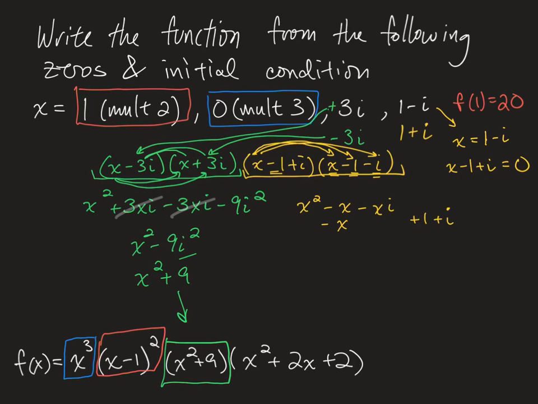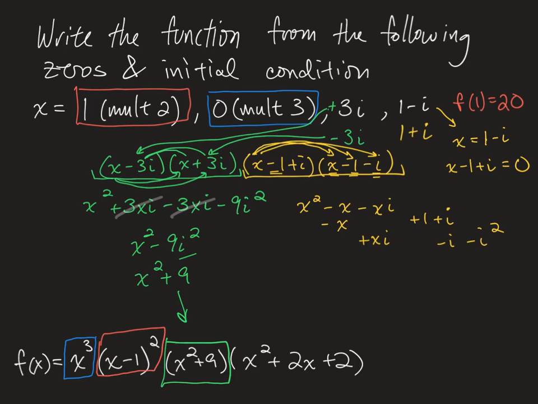So i times x is positive xi. I times negative 1 is negative i. And positive i times negative i is negative i squared.